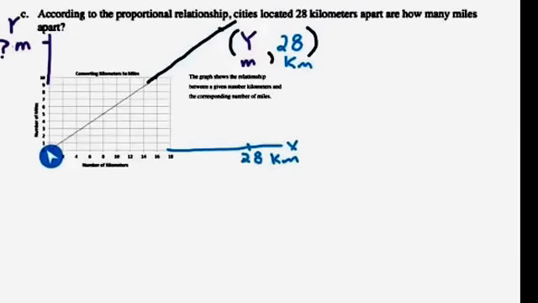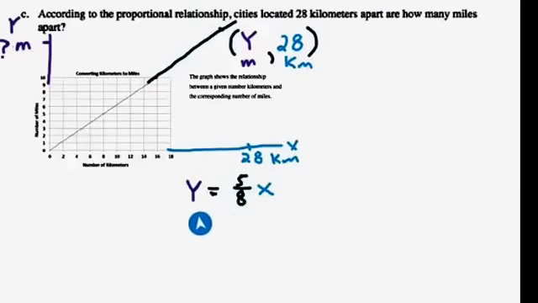So if this graph continued to the point where kilometers x equals 28, what is the y-coordinate, number of miles? And as we can see, the number of miles is always smaller than the corresponding number of kilometers. So in your estimate, you should have said that our answer must be less than 28.